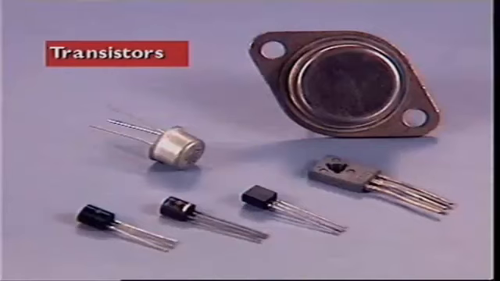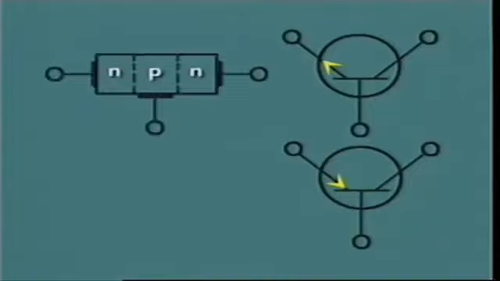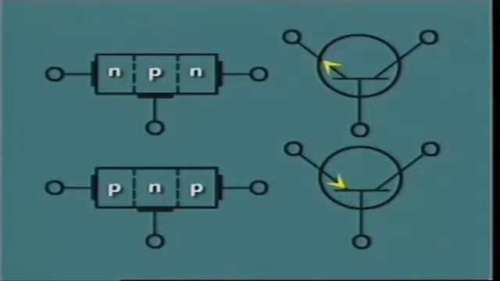This section examines transistors and power transistors. These are semiconductor devices used as switches and to amplify currents. There are two kinds, NPN and PNP. The NPN transistor has a P-type semiconductor between two N-type semiconductors.